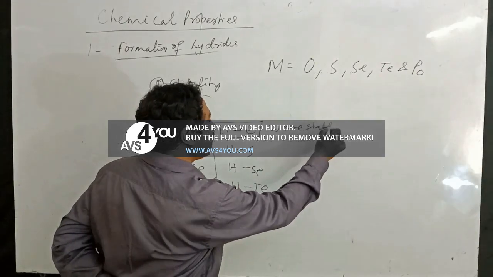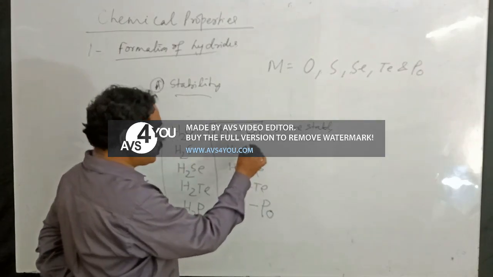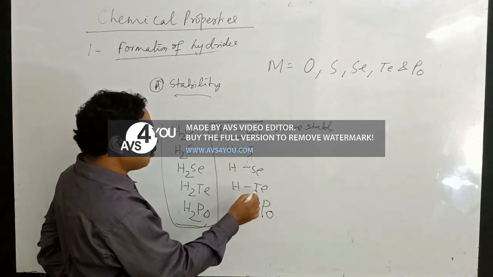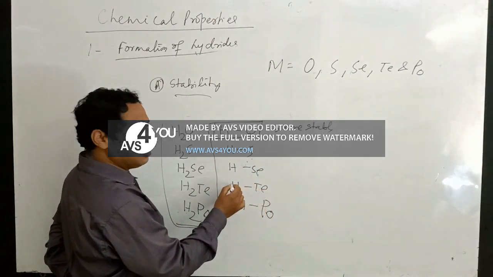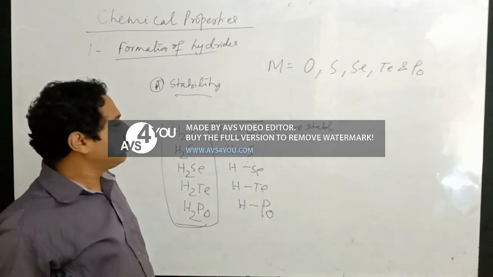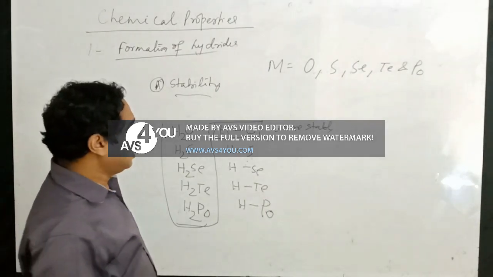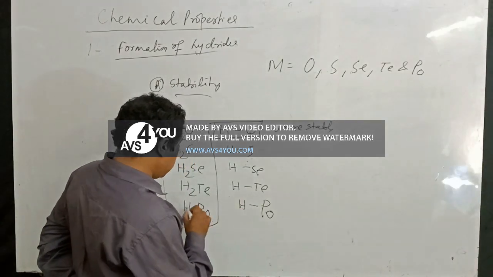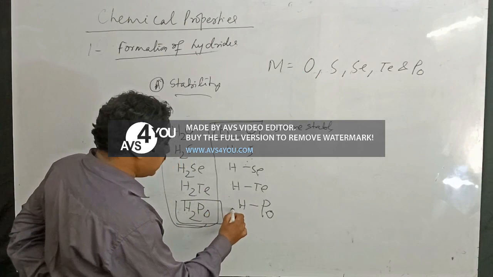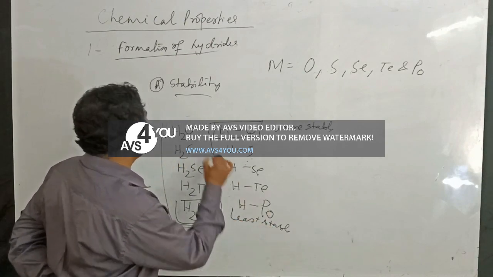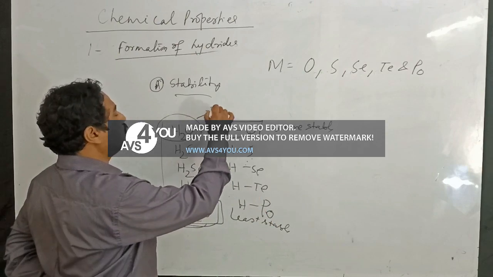As the atomic size of the central atom increases, the force of attraction between the central atom and hydrogen gradually decreases, so the bond strength becomes less and less, and stability gradually decreases. That means H2Po is less stable and highly stable is H2O.